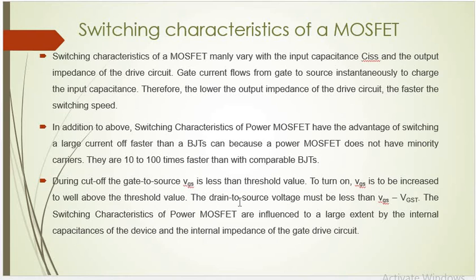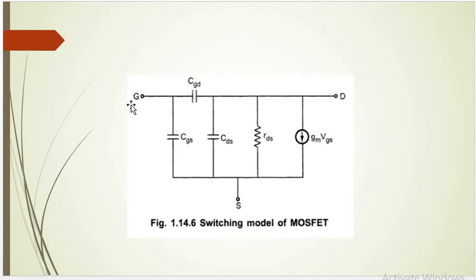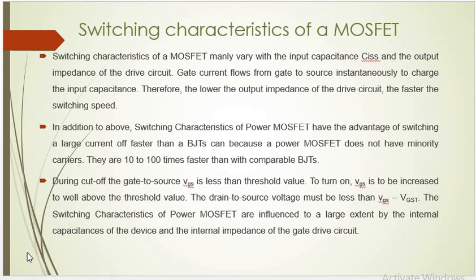So the drain to source voltage must be less than VGS minus VGST. The switching characteristics of power MOSFETs are influenced to a large extent by the internal capacitance of the devices and the gate driver circuit.